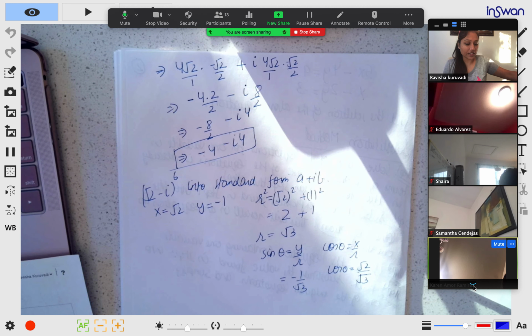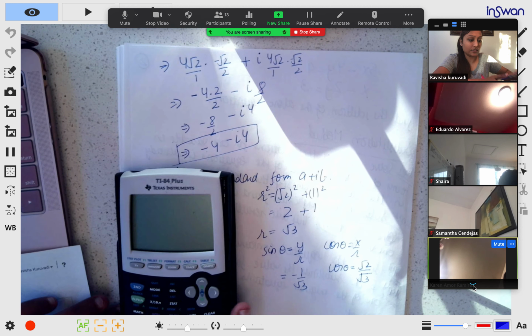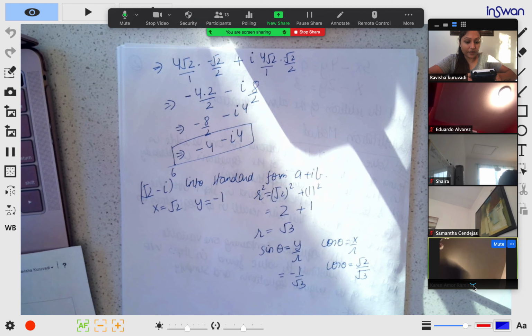You don't know the standard form for this, right? So you can use your calculator to find it, since it's not direct. Is it the inverse?